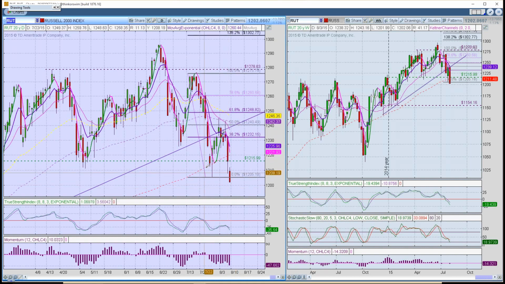And as you can see, this has been a complete retracement, actually more than a retracement of this move, but from here to here, we've now broken through the bottom of that after it got up just above the 50% retracement.